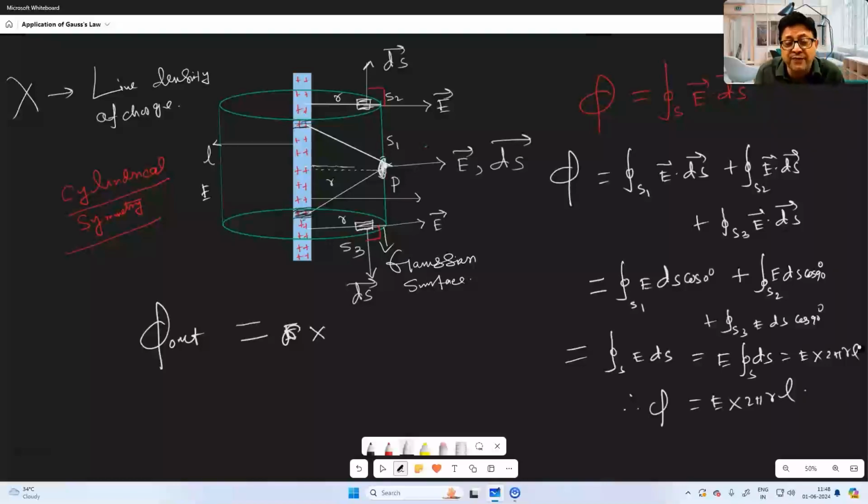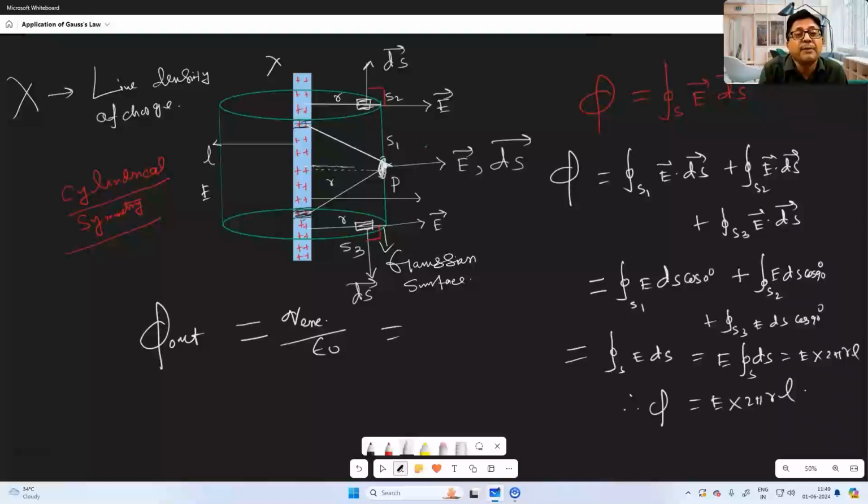So this time phi out, you have to calculate by Gauss law. That is Q enclosed by epsilon0. How much charge is enclosed over there? Let us see. It is Q enclosed divided by epsilon0.